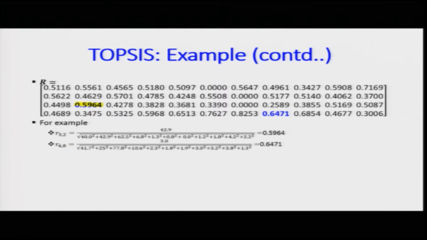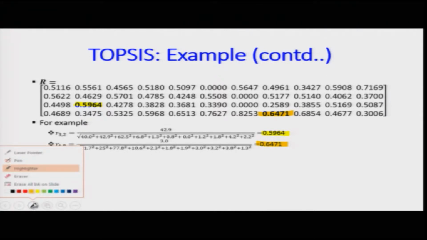So this is yellow, this is yellow, this is orange, this is orange, so it will be easy for us to find out. Then the value of 3, 2 would be given, so 42.9, 42.9. I calculate these values.